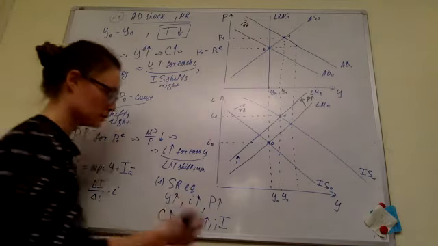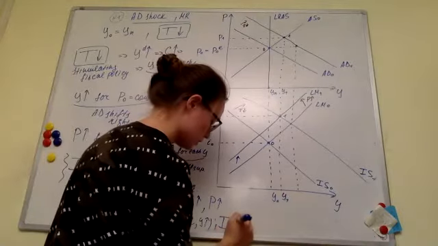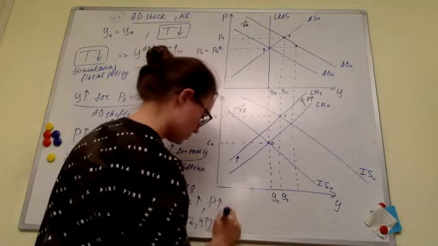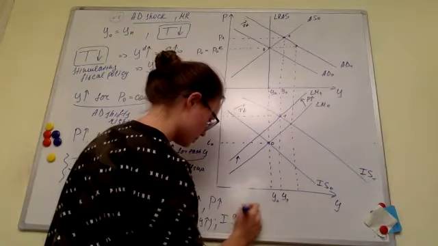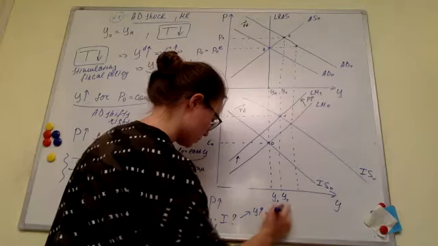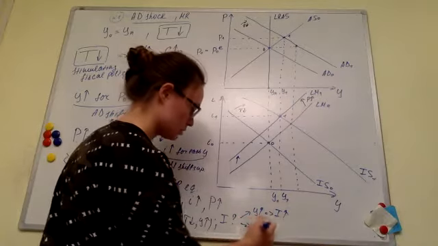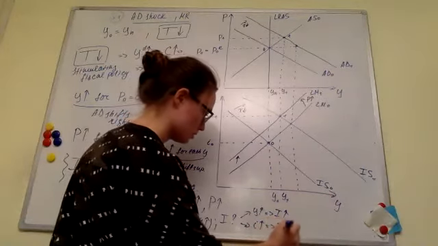Okay, so they can increase. Let's say we do not know, because output increases, which means investments increase, while interest rate increases, which means a decrease in investments.